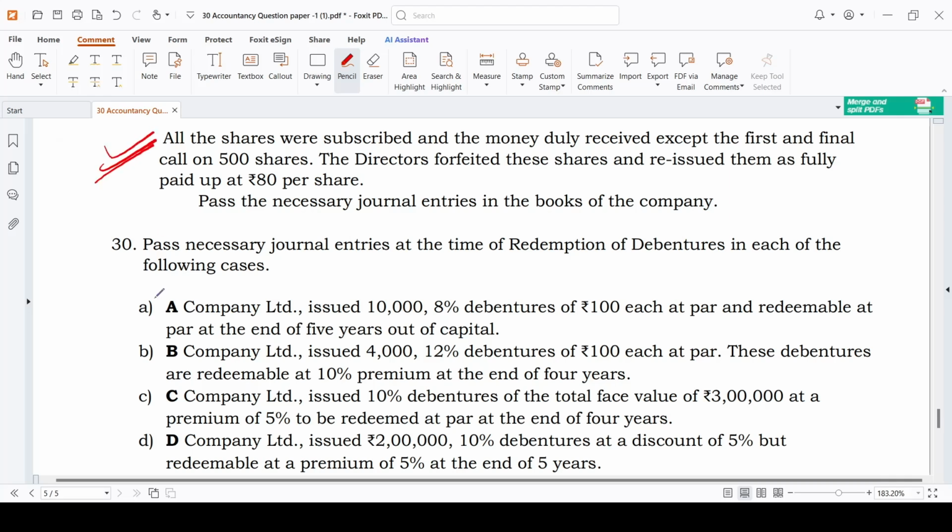Compulsorily you practice this. And another thing I told you, in debentures they will ask you terms of issue of debentures or debenture interest. See, this problem is terms of issue of debentures. So you practice with this problem also.